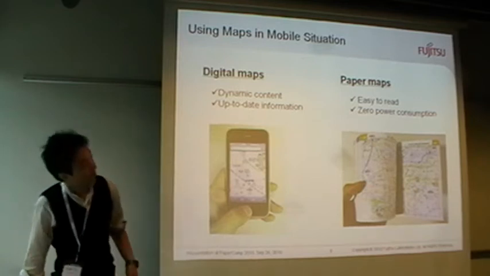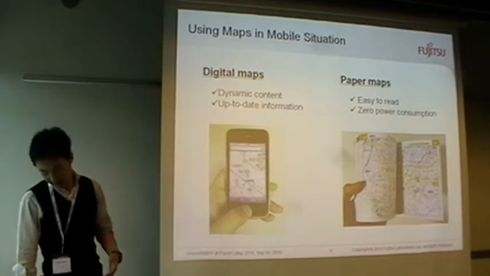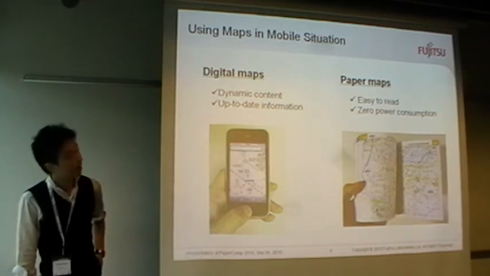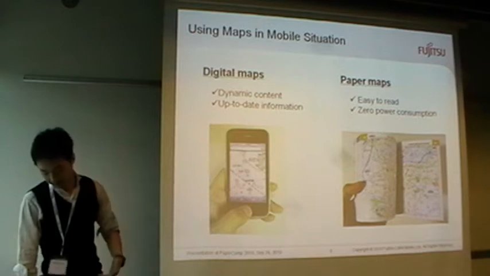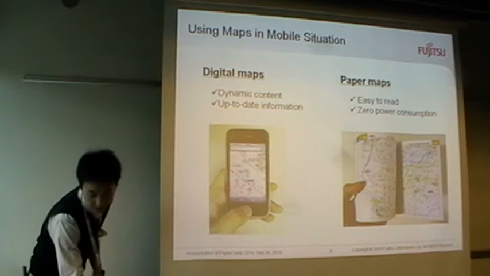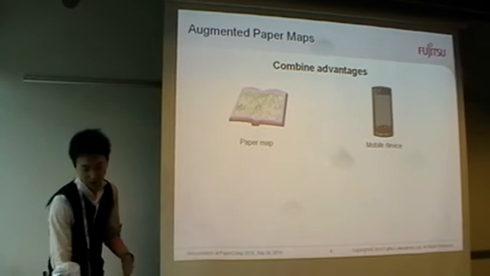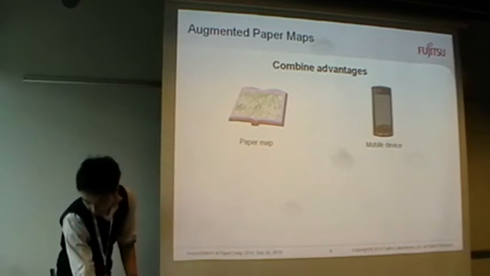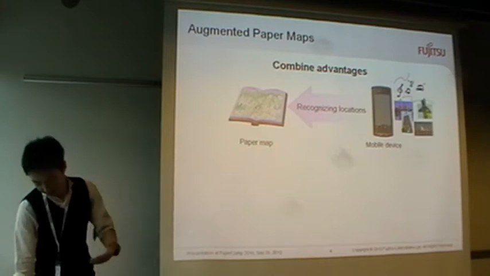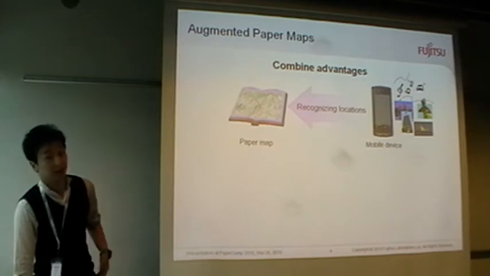On the other hand, paper maps have static content, but they are bigger and have higher resolution, so they are easy to read, and they also have zero power consumption. In order to combine these advantages, augmented paper map systems have been proposed. In an augmented paper map system, a mobile device recognizes location in paper maps and shows dynamic content or other operations.